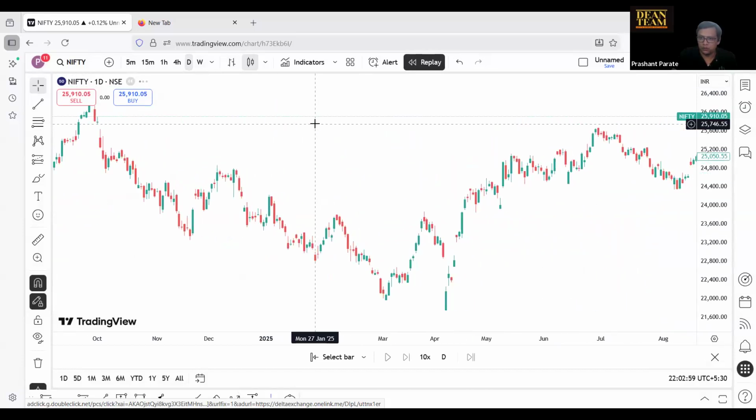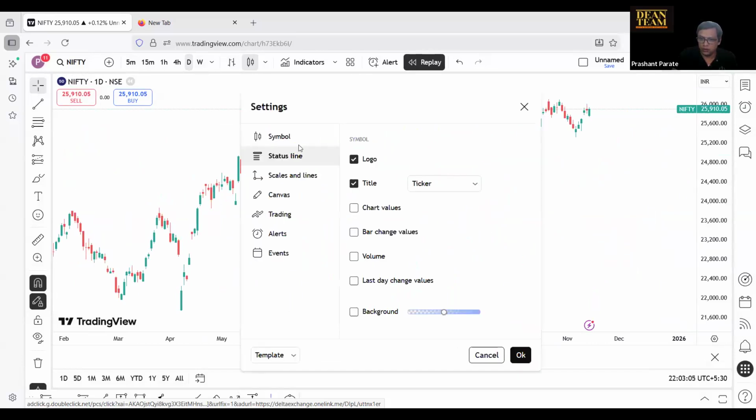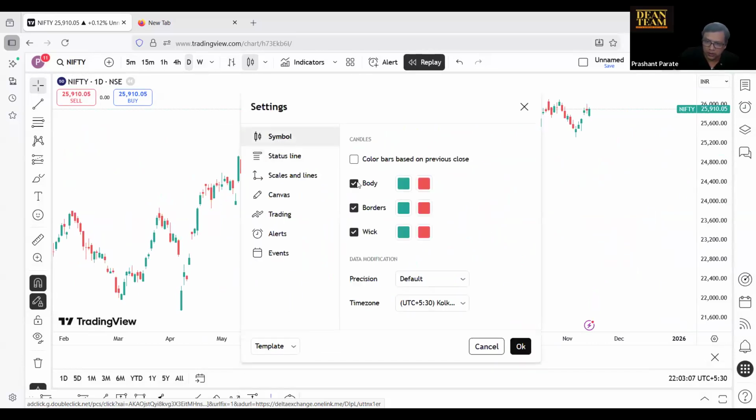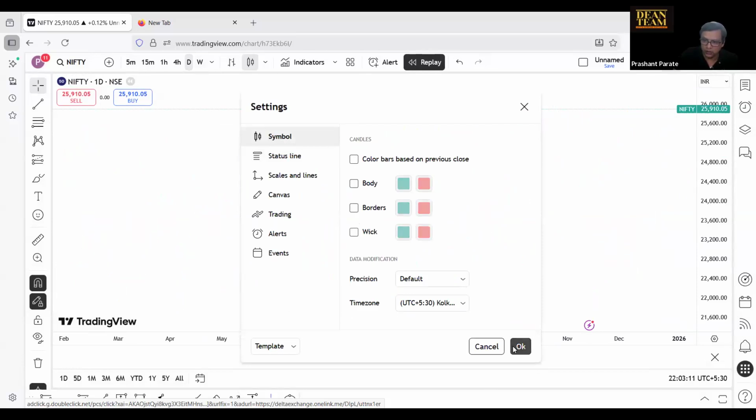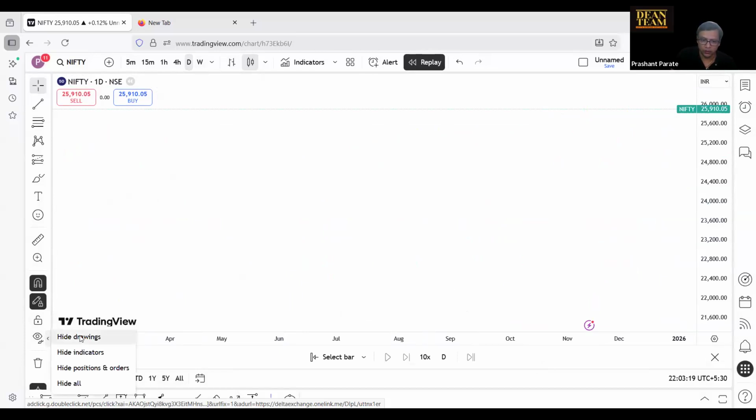First thing, click on these settings. Then go to symbols and hide everything. Don't check the chart. Once you have hidden this, hide all the indicators: hide drawings, hide indicators, hide all.